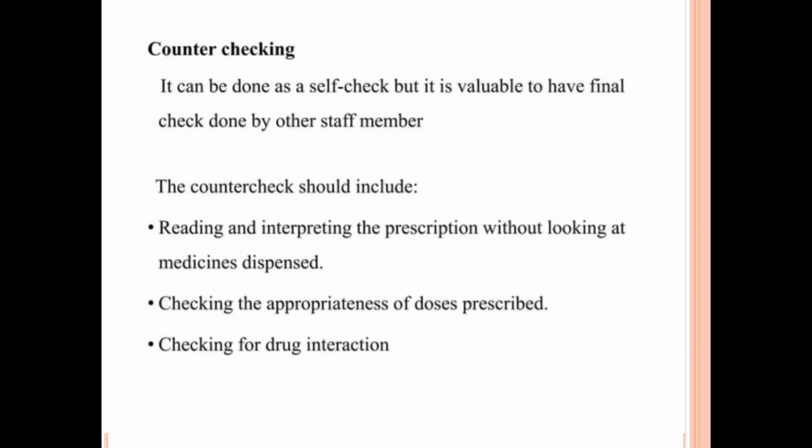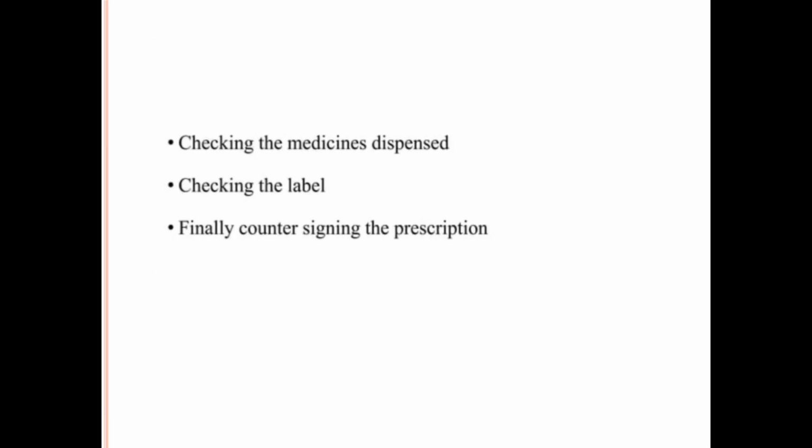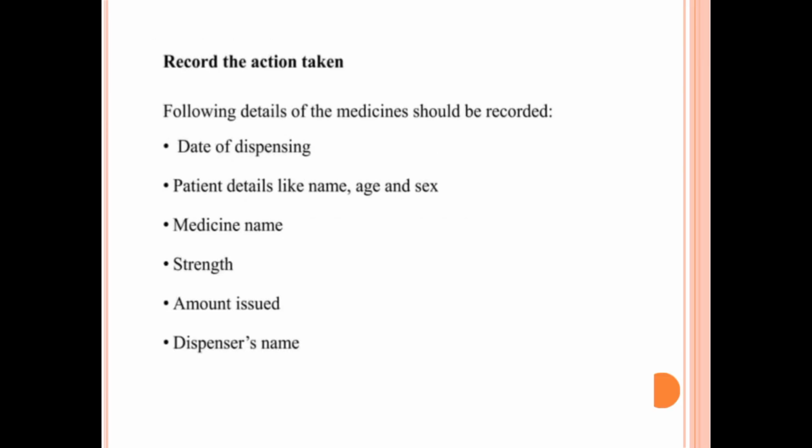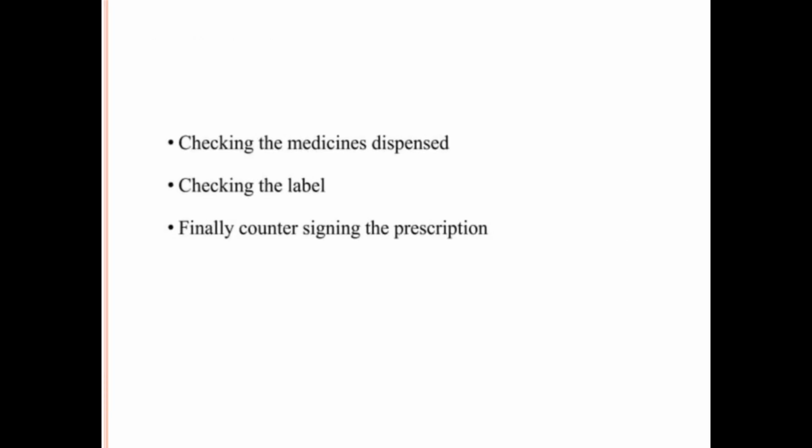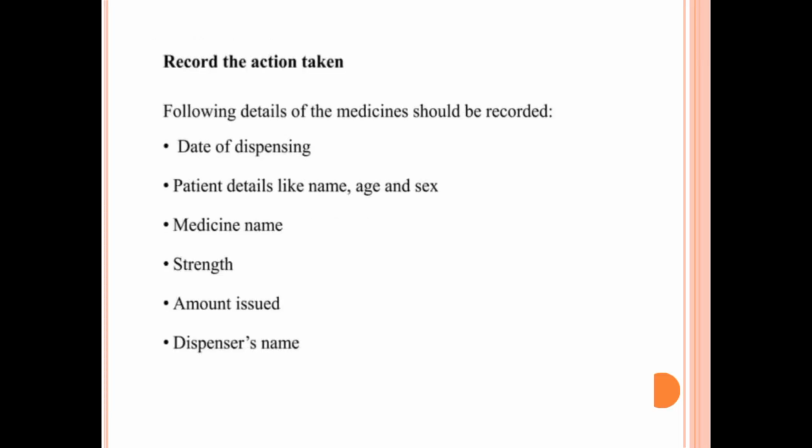The counter check should include reading and interpreting the prescription without looking at medicines dispensed, checking the appropriateness of doses prescribed, checking for drug interaction, checking the medicines dispensed, checking the label, and finally countersigning the prescription. So it should preferably be done by another staff member. Everything should be checked.